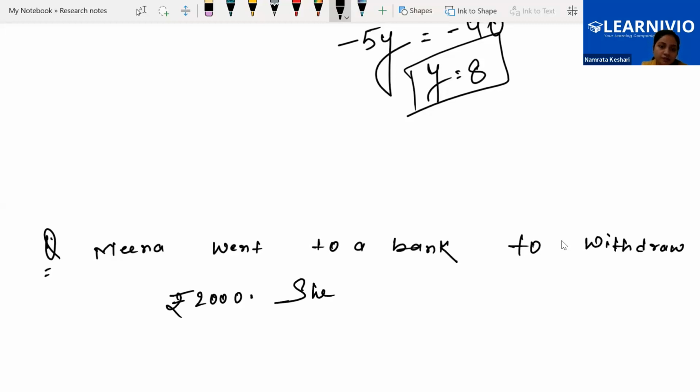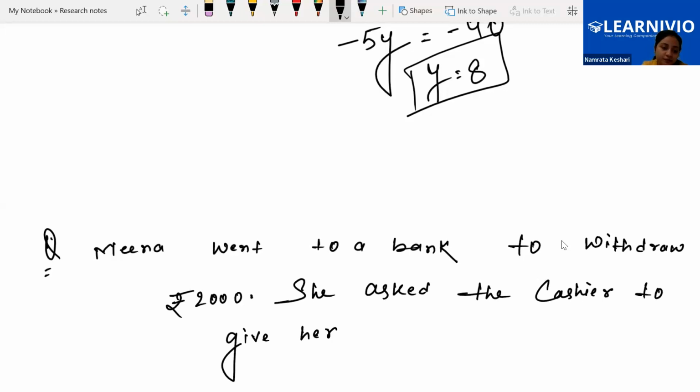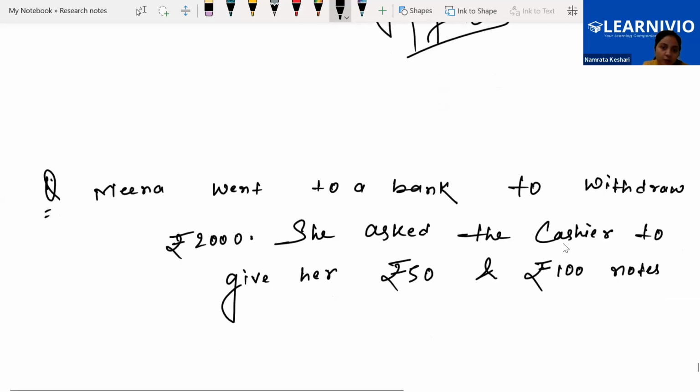She asked the cashier to give her rupees 50 and rupees 100 notes only.